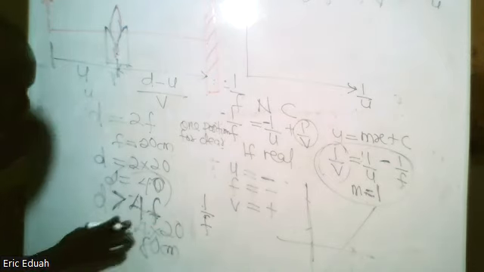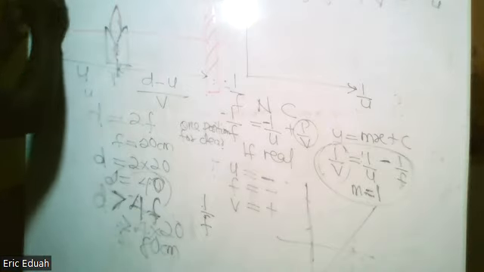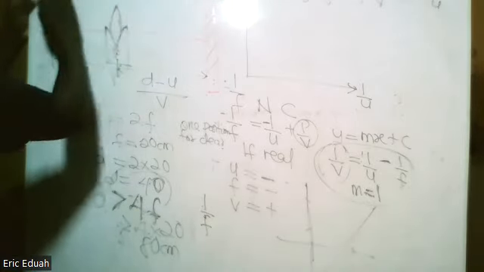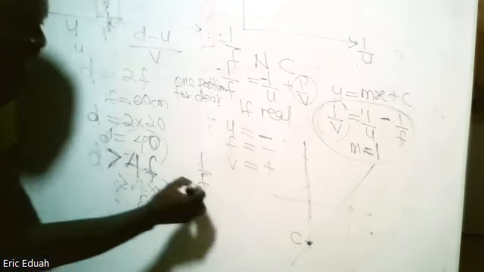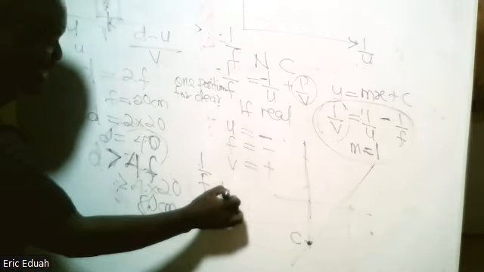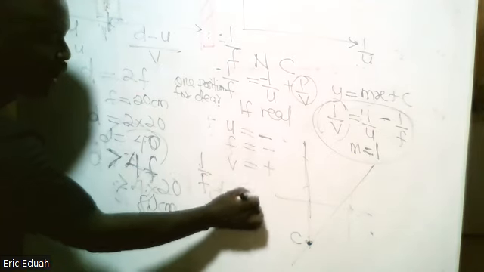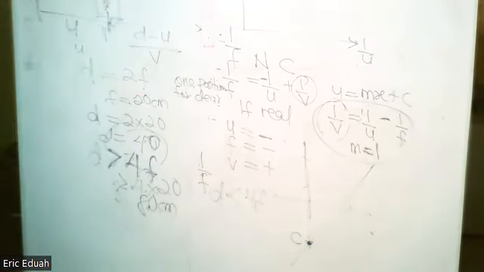What this means is that if you have D, the displacement between the object and the screen, and the D value is anything greater than 80, you have two different positions for formation of a clearer image on the screen. Now, when D is less than 4F, no image will be formed.